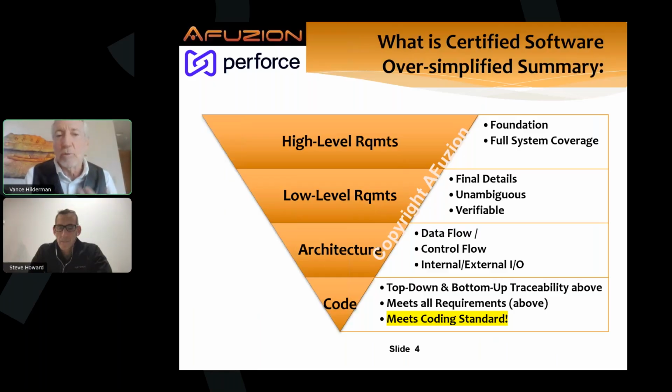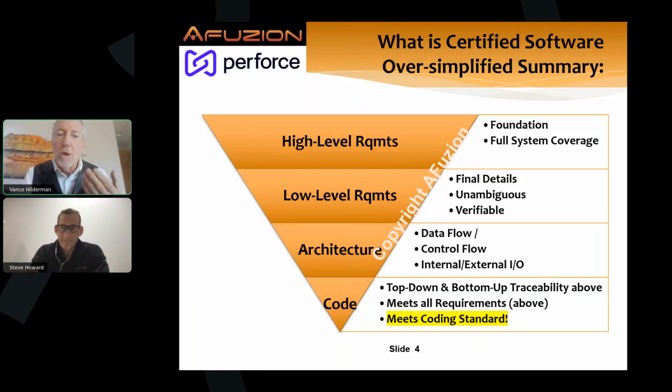Then we have detailed low-level requirements. Those are the final details. They're unambiguous. You can verify them. We should be able to give these requirements to 2 different teams worldwide, and they create different solutions, different design, different code. But from the black box, the outside, all the tests pass.